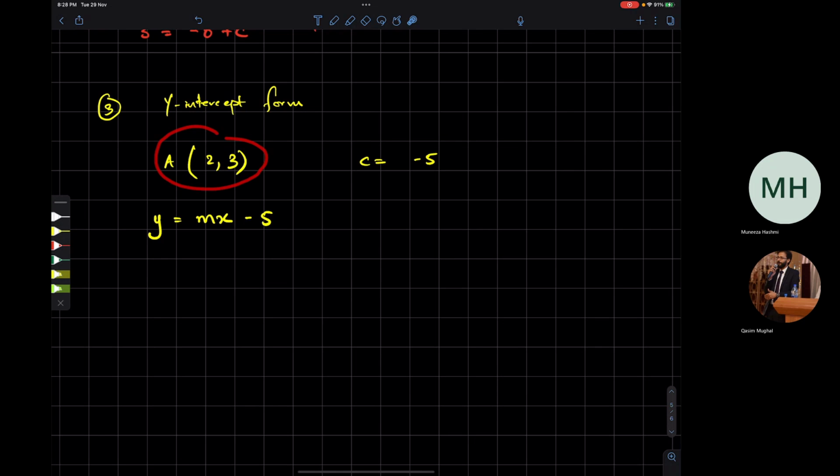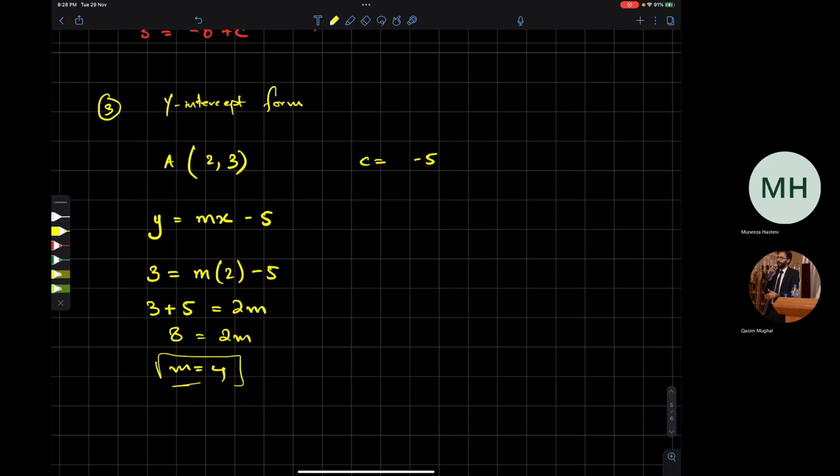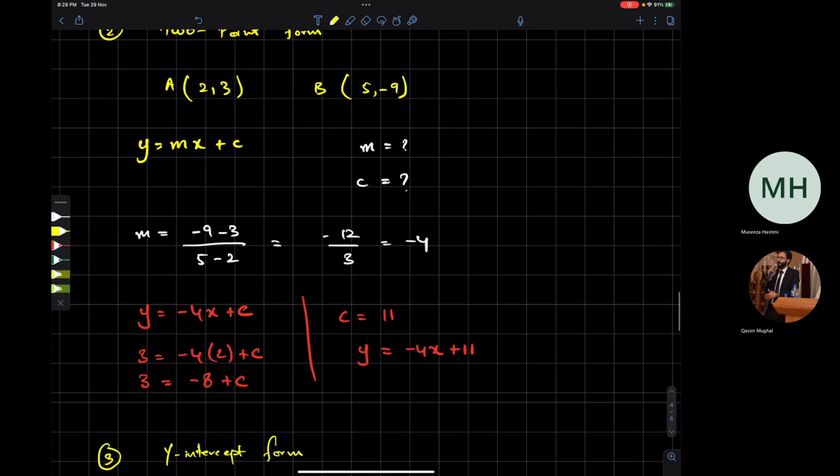Again, I'll plug this point into this equation to find m. y is 3, x is 2, so 3 plus 5 is equal to 2m, 8 = 2m, and m would be equal to 4. From here you can write down the required equation, y = 4x - 5. Got it? Yes, sir.